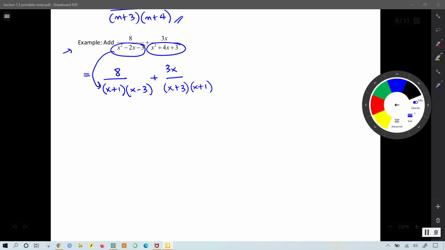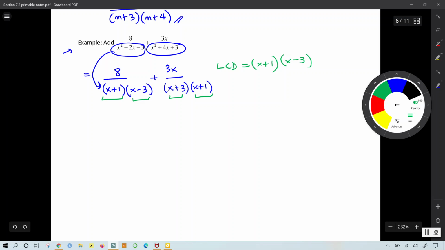Now that we have factored each of the denominators, we have the recipe, the ingredients, to build the LCD. We need x plus 1, which is already accounted for. We need x minus 3, and we need x plus 3 to accommodate all the distinct components.